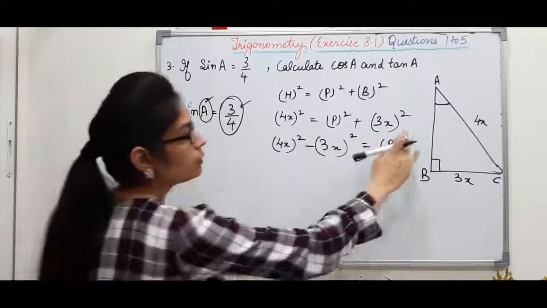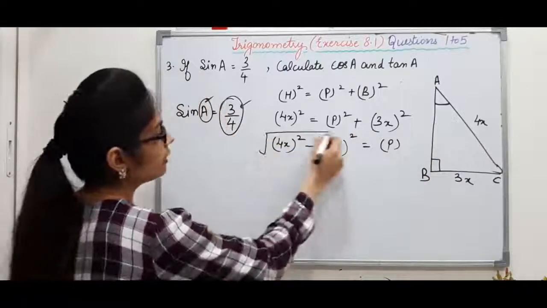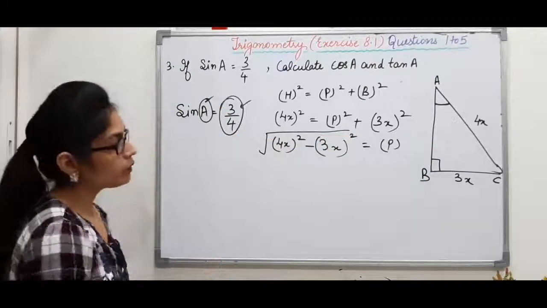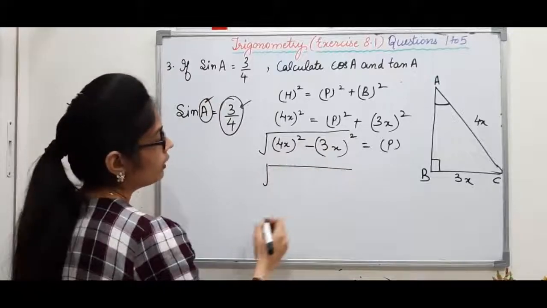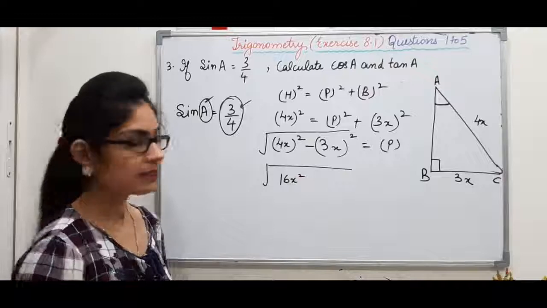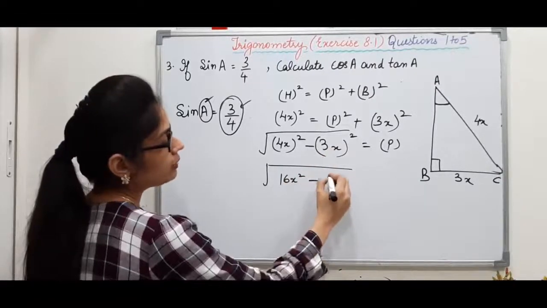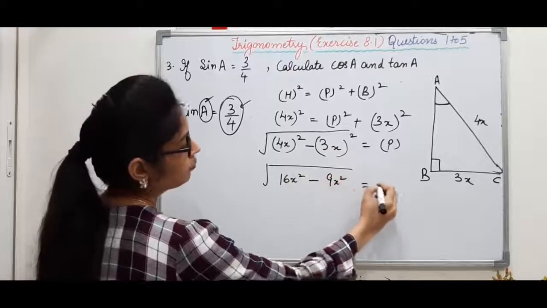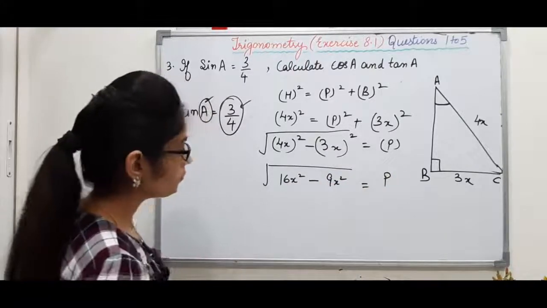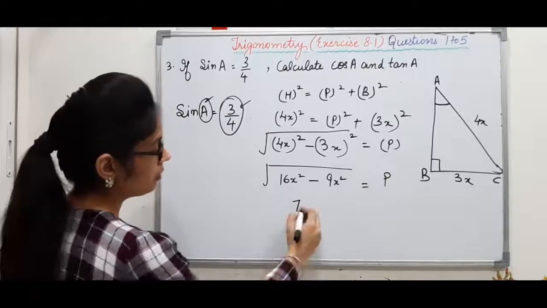This square will also go to the other side, and on changing the side it will change to square root. 4x square will be 16x square, because 4 into 4 is 16, x into x is x square. 3 into 3 is 9, x into x is x square. So p is the square root of 16 minus 9, which is 7, x square.